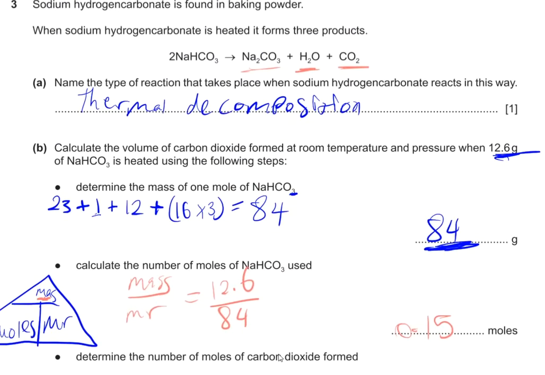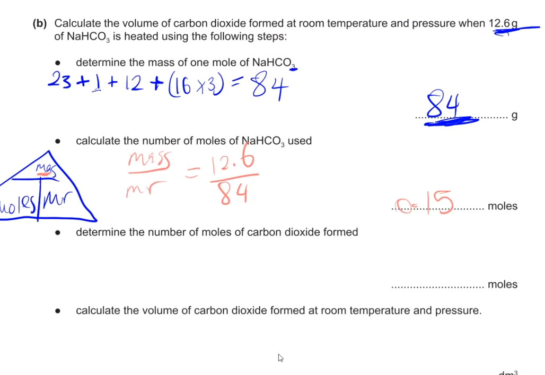Now determine the number of moles of carbon dioxide formed. Over here we can see that the ratio of NaHCO3 to carbon dioxide CO2 is 2 to 1.